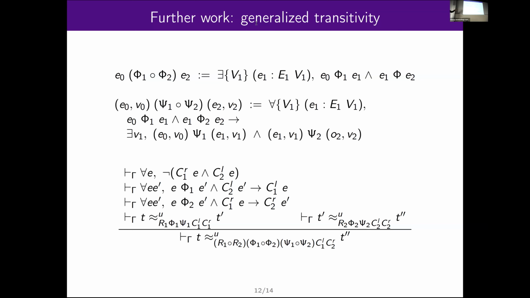This kind of transitivity is for us the basis to try to combine the two things together. When you want to verify a compiler, it's very important to preserve safety.